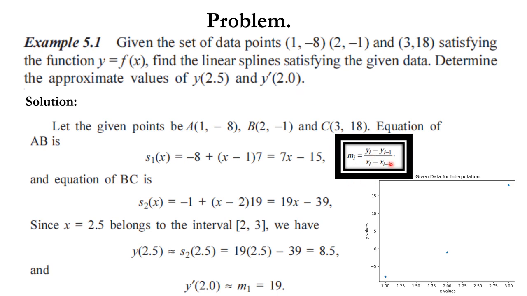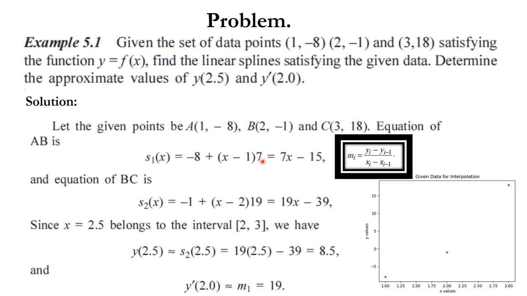So what is mi? The mi is (yi minus yi minus 1) divided by (xi minus xi minus 1). So for the first 2 points, this mi is obtained as yi minus yi minus 1, that is minus 1 minus 8, that is plus 7, divided by 2 minus 1, that is 7 divided by 1, that is 7.